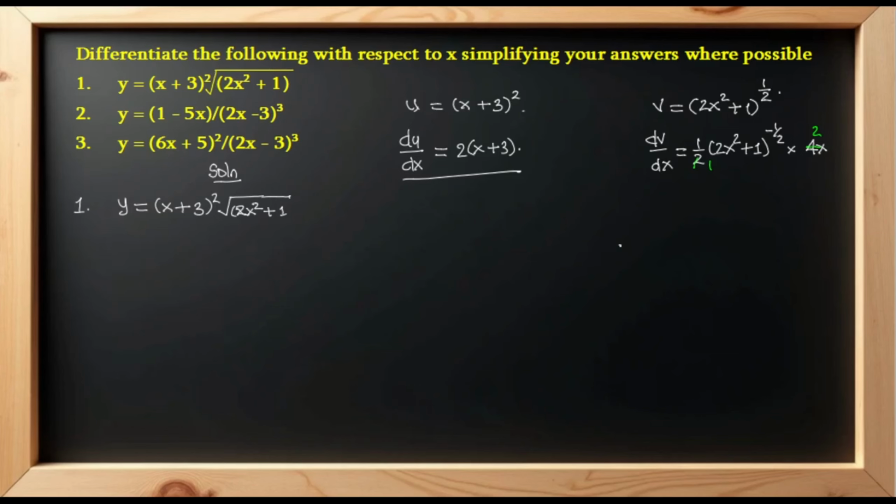Rewriting the remaining terms, we obtain dv by dx starting with 2x, followed by the bracket 2x squared plus 1 raised to power negative 1/2.